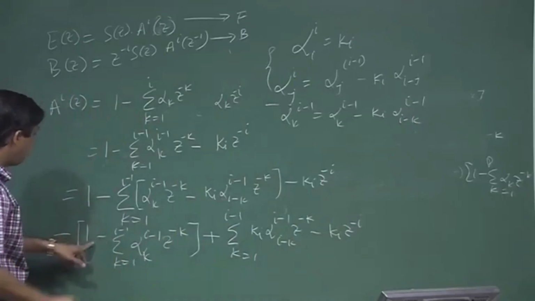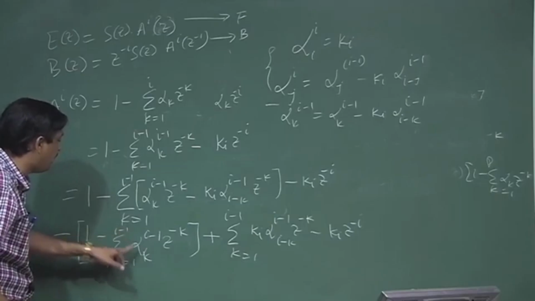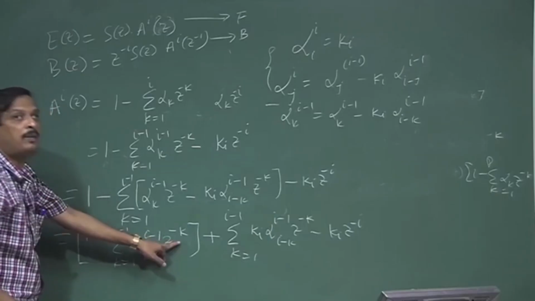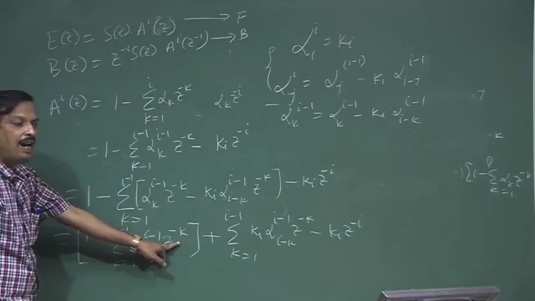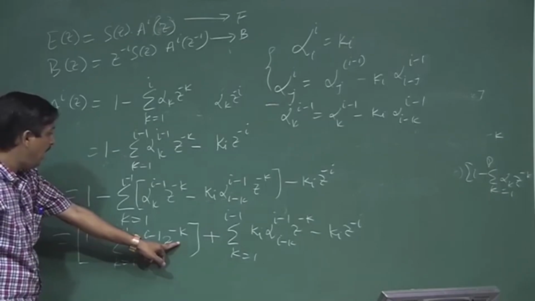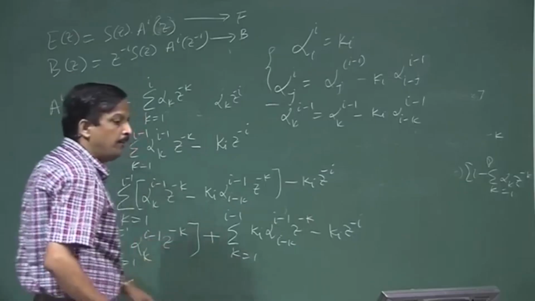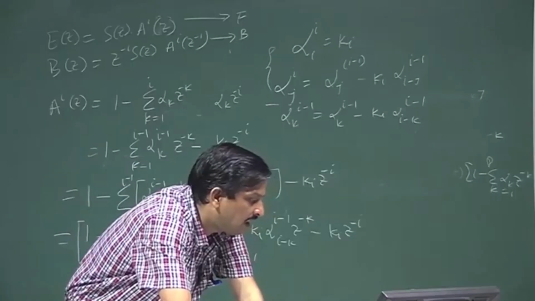Okay. If I see this term, 1 minus the sum over k equal to 1 to i minus 1 of alpha k i minus 1 z to the power minus k, it is nothing but a i minus 1. And then if I put the same thing here also, this is the one term, second term is this one.